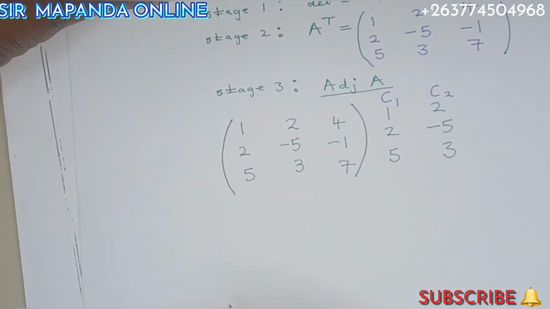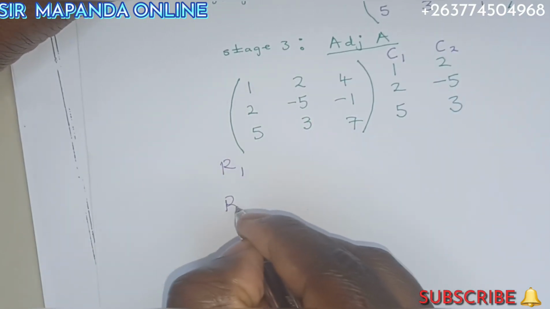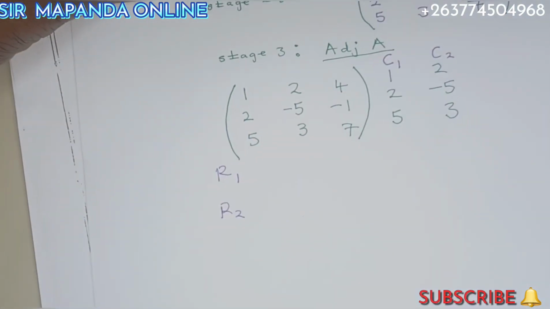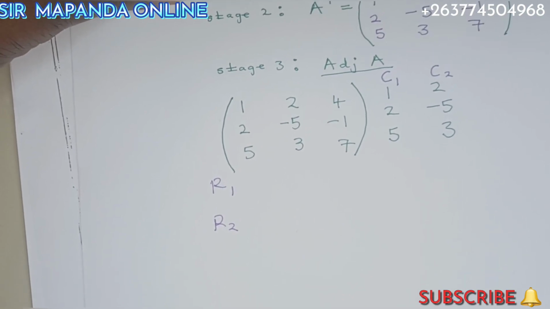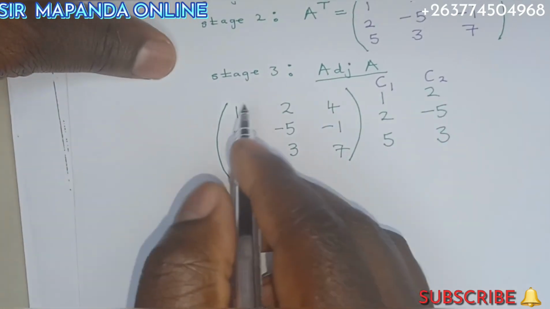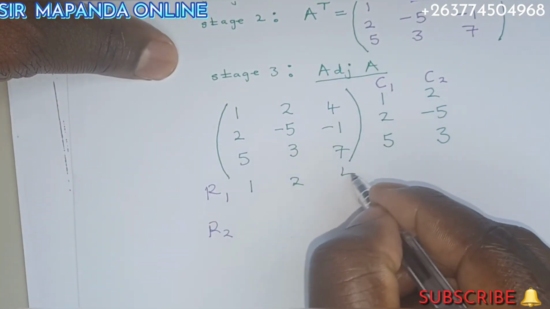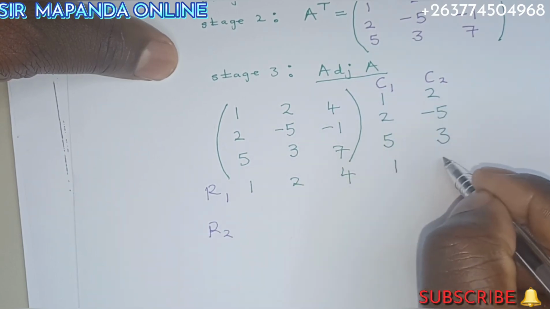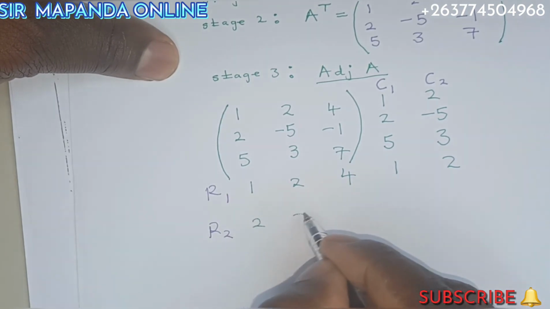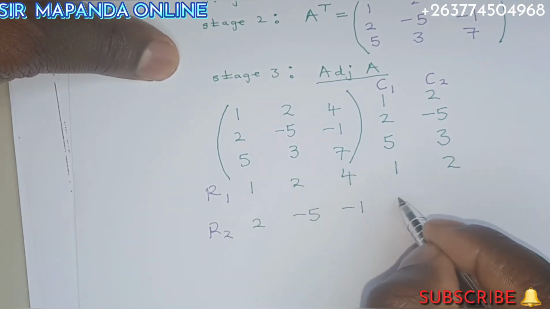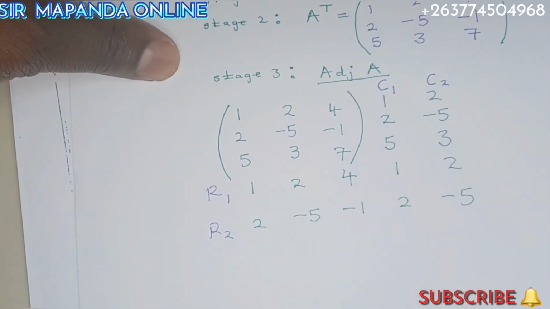After finding C1 and C2, you find R1 and R2. R1 and R2 denote first row, second row. So the first row is 1, 2, 4, then you write 1 and 2, including C1 and C2. The second row is 2, minus 5, minus 1, then 2 and minus 5, including C1 and C2. I hope you are following.